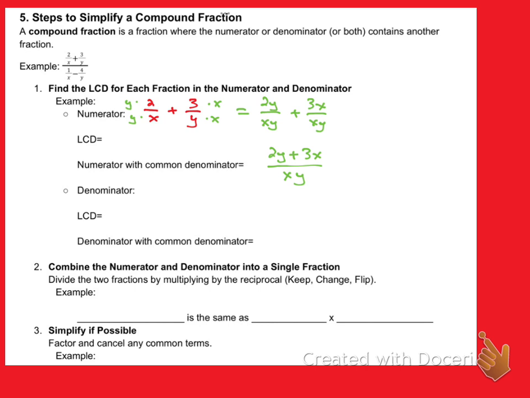So for the denominator, 1 over x minus 4 over y, what's the common denominator going to be? xy. So multiply the left side by y, right side by x, and that will give me y minus 4x over xy.